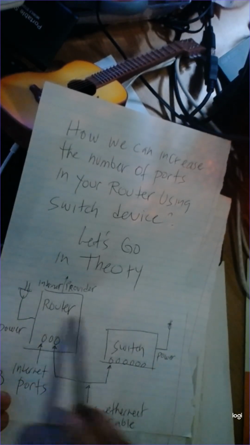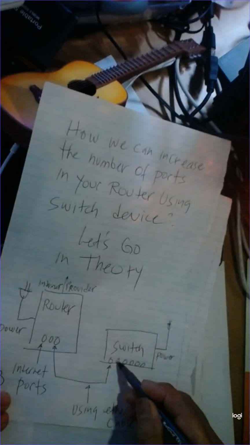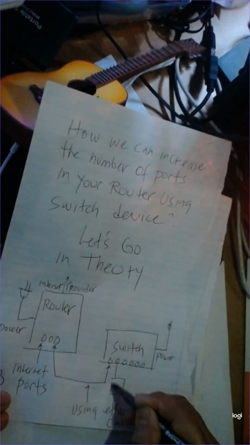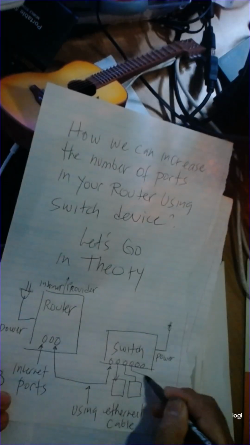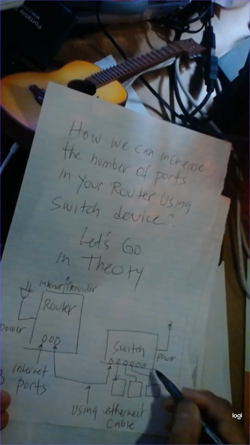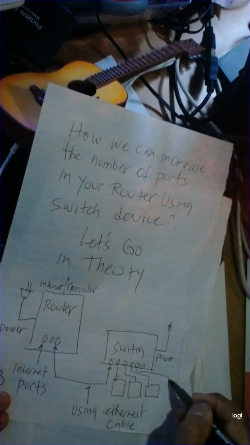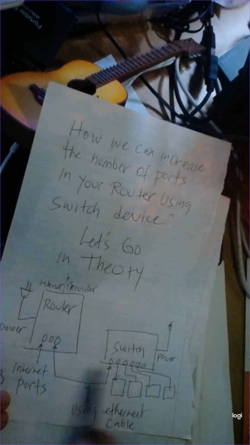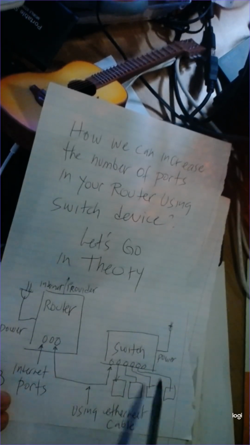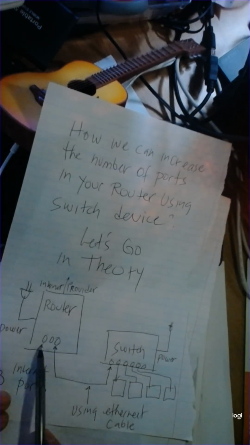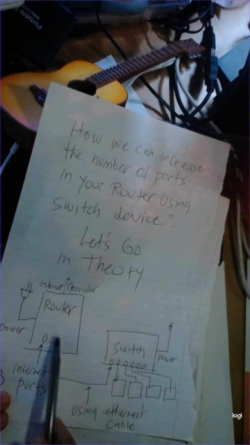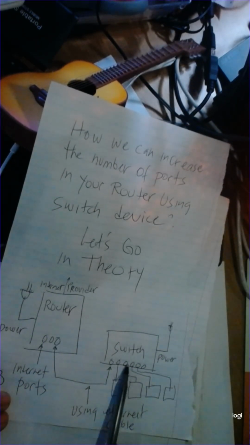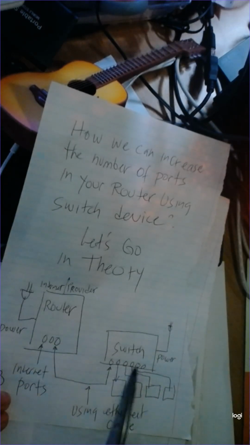When there's no problem at all, you can use this port now to connect another device. So in this diagram, you have now increased the number of ports of your router to 5 more ports.